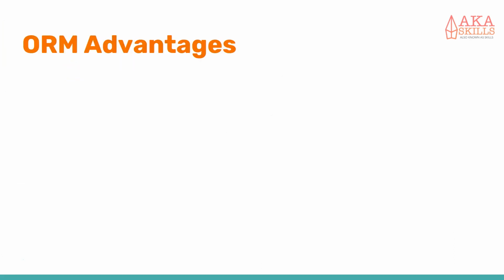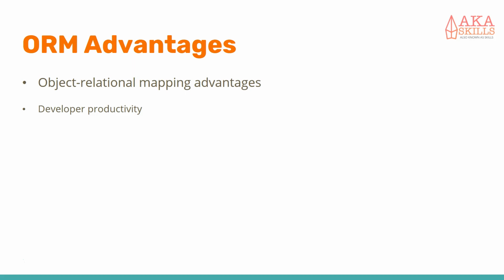So, ORM advantages. Object-relational mapping advantages. We have developer productivity. Here, we can say that we're writing less code. Why? Because it's much easier to write a simple C# class with several properties, which will be converted to a table in the database, than using frameworks like ADO.NET with its provider, writing some native SQL queries and converting this to a table.